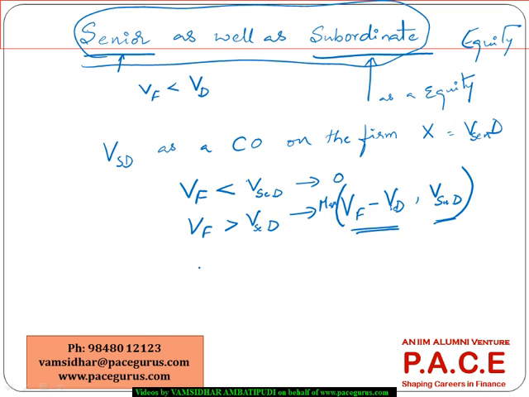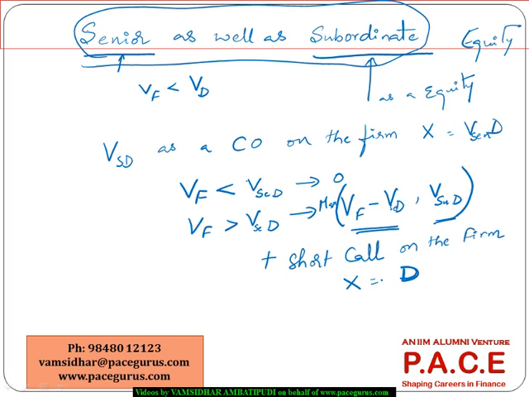But when I am looking at the subordinated debt, I am looking at it as a call option on the firm with a strike price equal to the value of that senior debt. But along with that, I am also taking a short call on the firm where the strike price is equal to the total debt.